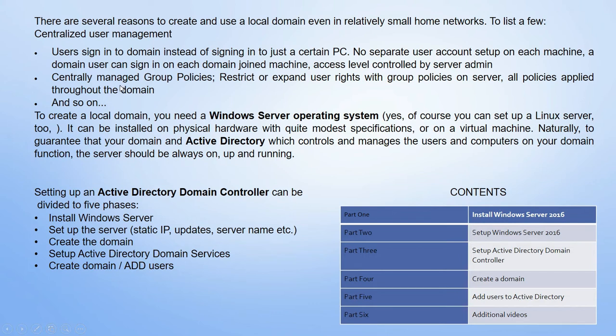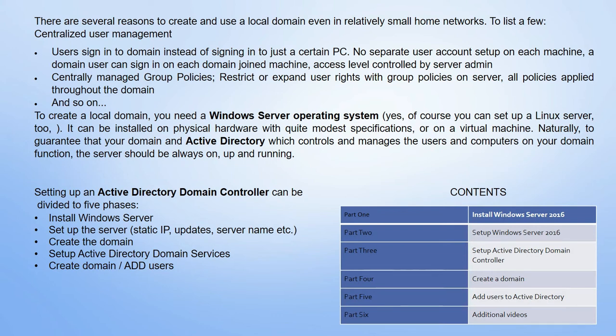There are several reasons to create and use a local domain even in a relatively small home network. That means whenever you need a small network, you must create and use a local domain. For centralized user management, users sign in to the domain instead of signing in to just a certain PC.